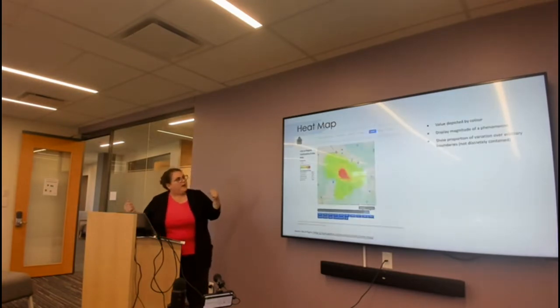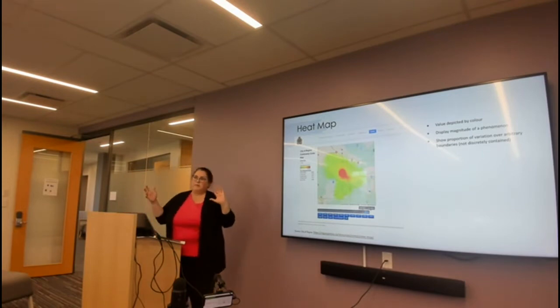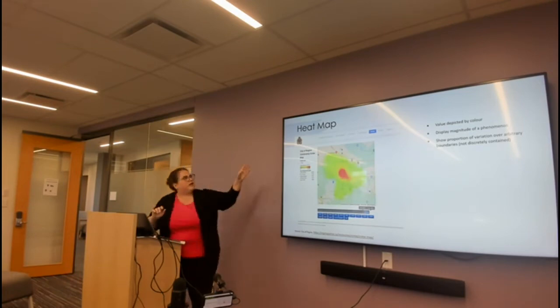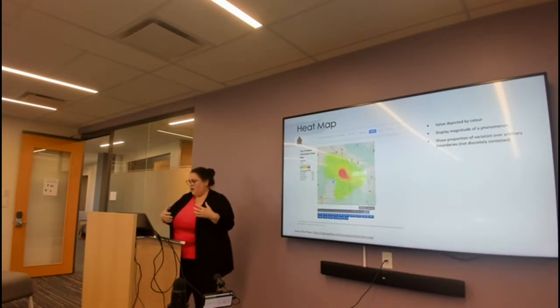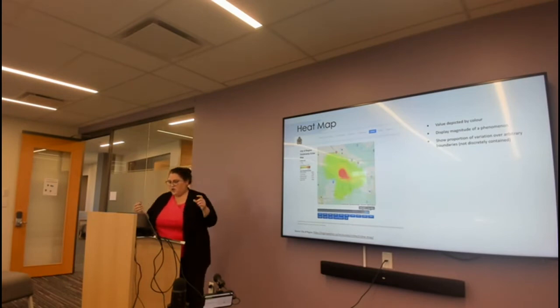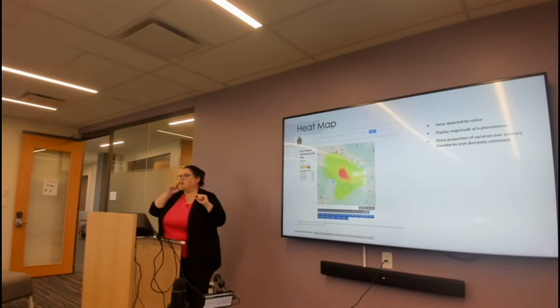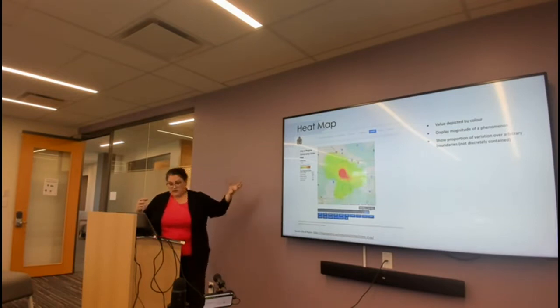A heat map. Sometimes choropleth maps get called heat maps, and they're not really. The big distinction here is that a heat map, generally speaking, although it does use color and intensity to depict value and information, doesn't follow traditional boundaries. It displays the magnitude of the phenomenon, but the boundaries are arbitrary.